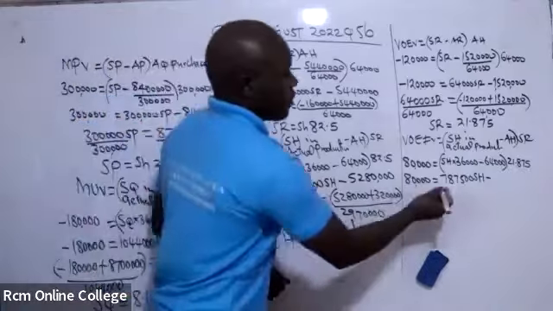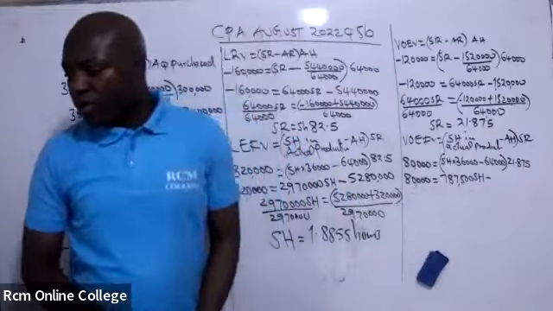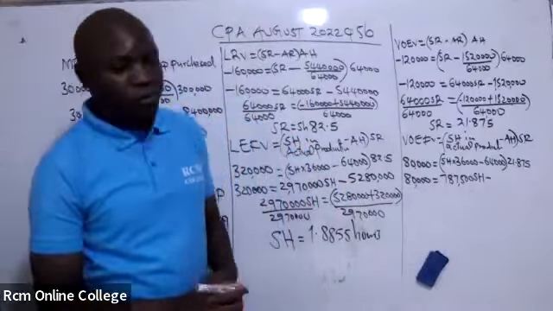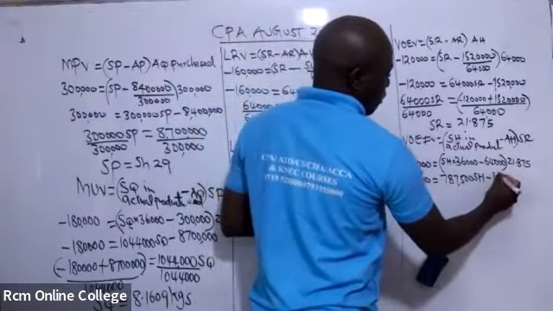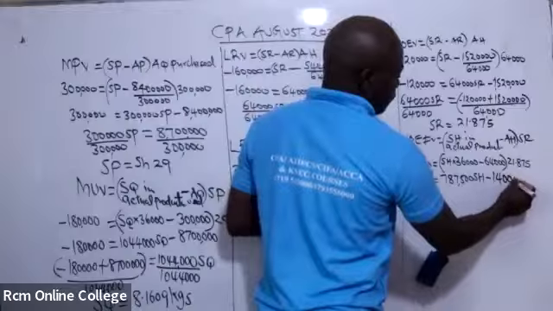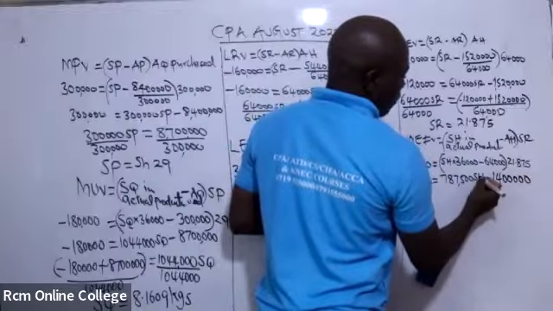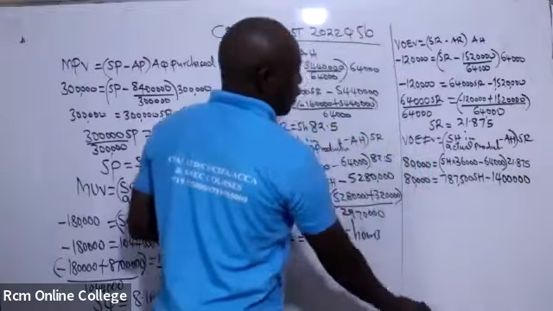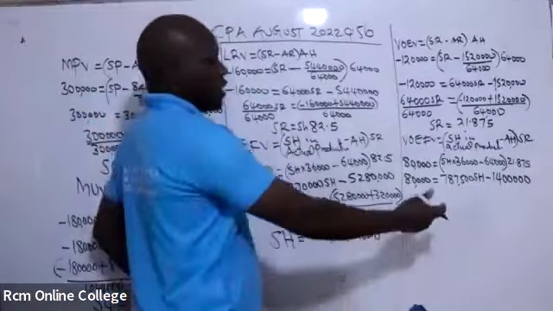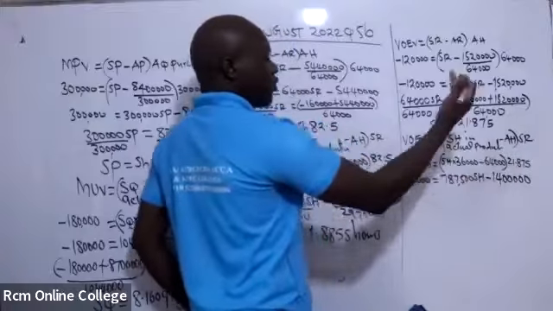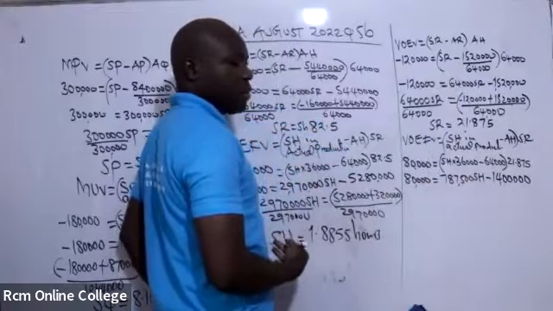That is 1,400,000. So 64,000 times this is giving us 1,400,000. Good. Once we have that, can we collect the like terms? This one here is a negative. If it crosses the equal sign, it becomes a positive.